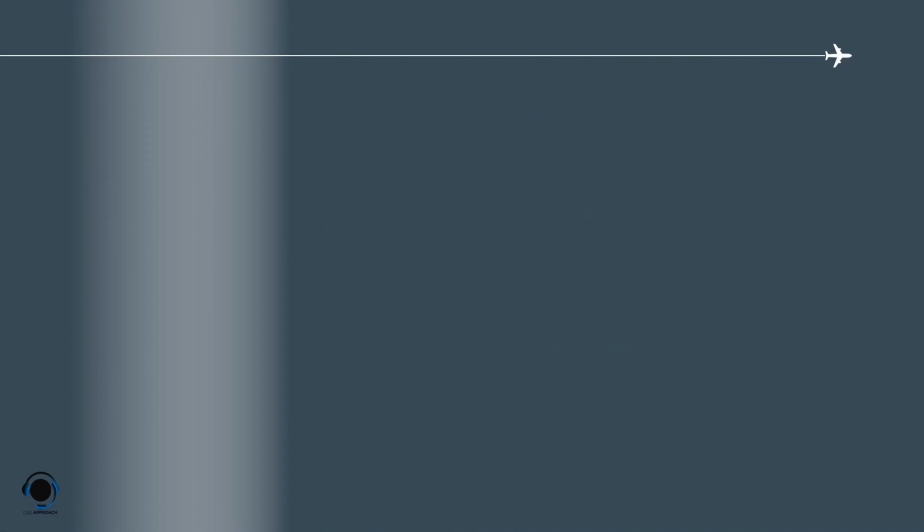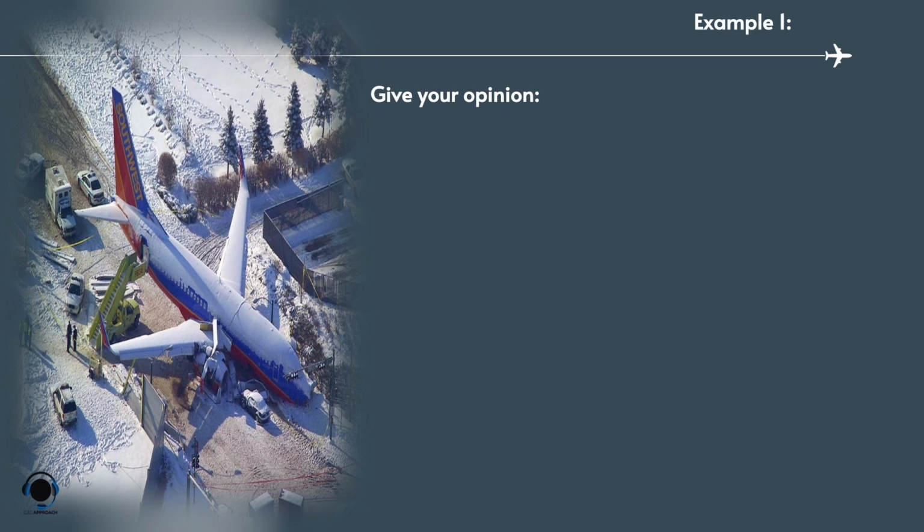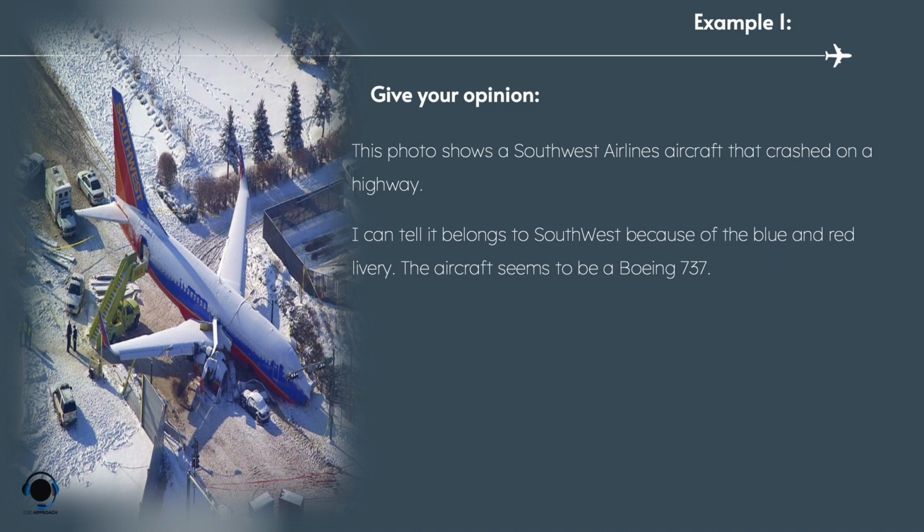This is my attempt at the following photograph. This photo shows a Southwest Airlines aircraft that crashed on a highway. I can tell it belongs to Southwest because of the blue and red livery. The aircraft seems to be a Boeing 737.